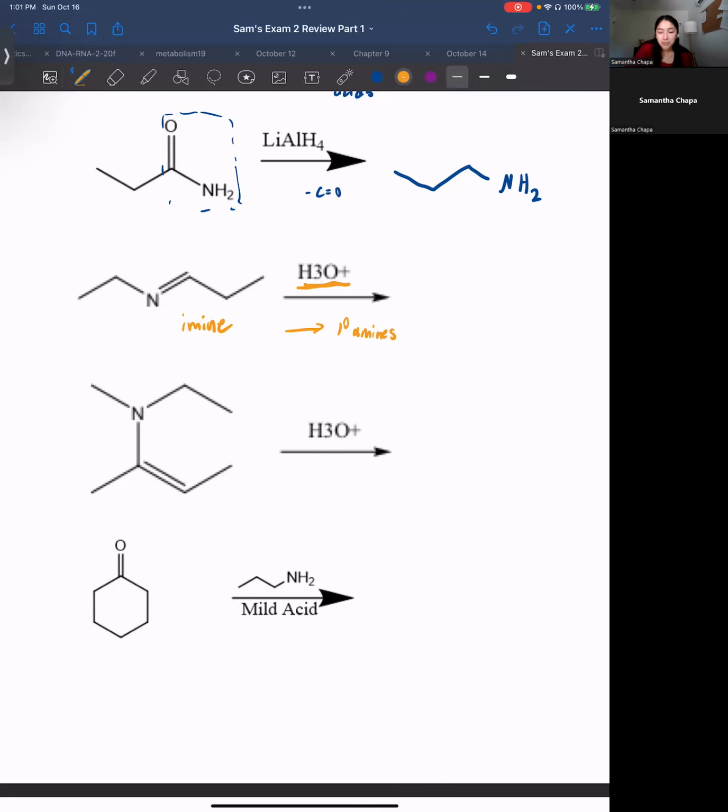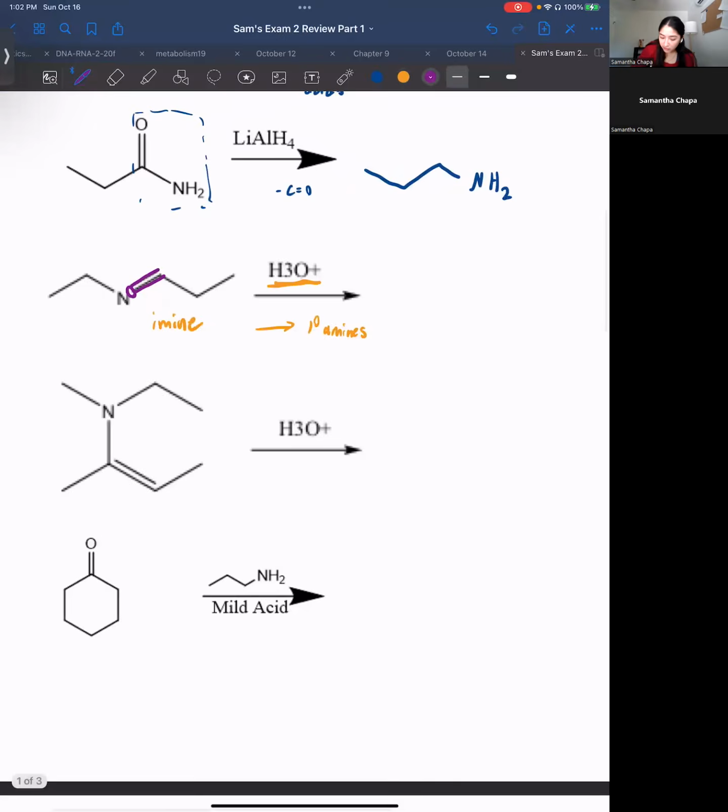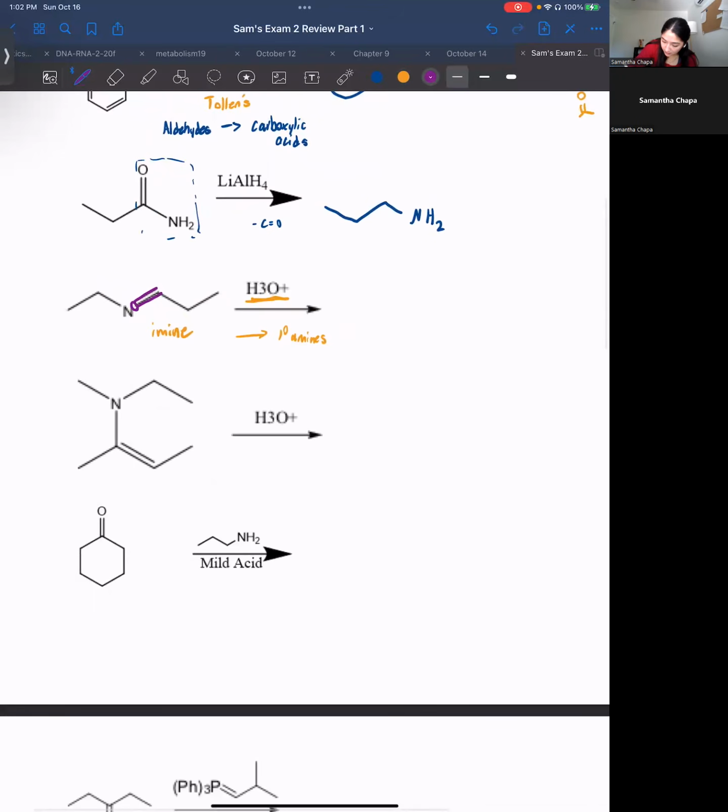So then all I would do is recognize that this double bond right here is going to be attached to my oxygen. And I'm going to break it off. So my two carbons, nitrogen, and it's a primary amine, so I'm going to add my two hydrogens. So it's a primary amine, we're good there.